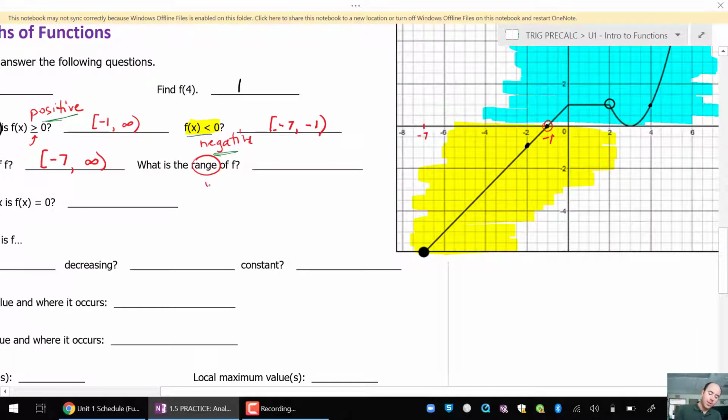The range is the y value. I want lowest to highest. Lowest is -6. That ordered pair right there is -7, -6. But the range would be the y values. Those are the ones that I want. So -6 on the low end.